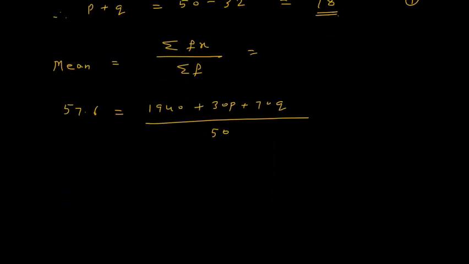Summation of f is 50. Okay, so therefore 57.6 multiplied by 50 is equal to 1940 plus 30P plus 70Q.